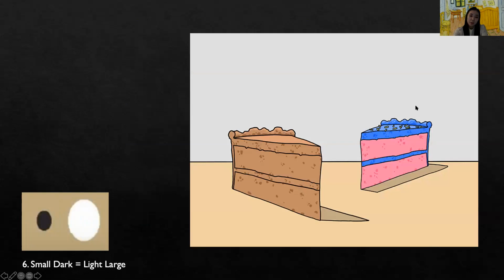And this is a simple design work to show the number 6 asymmetrical balance type. This colorful piece of cake can be the dark small form. On the left side, there is a saturated color, the light brown colors, the light large form.